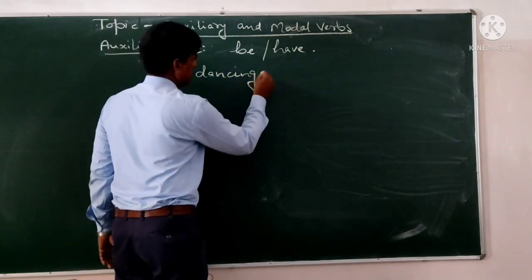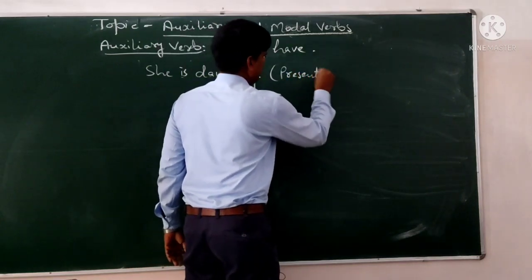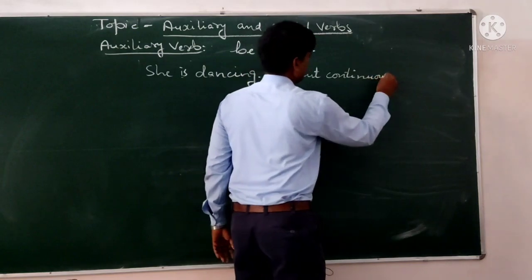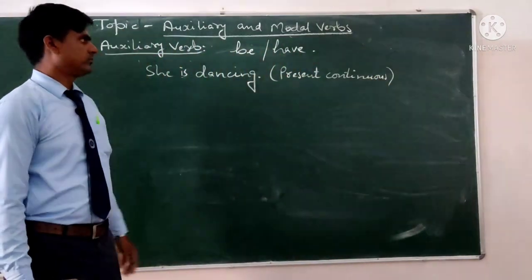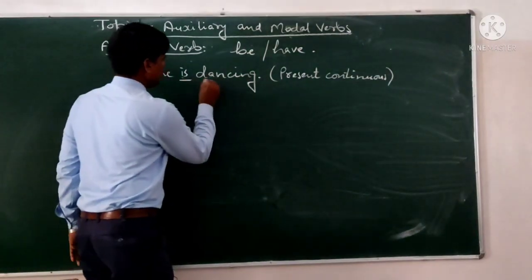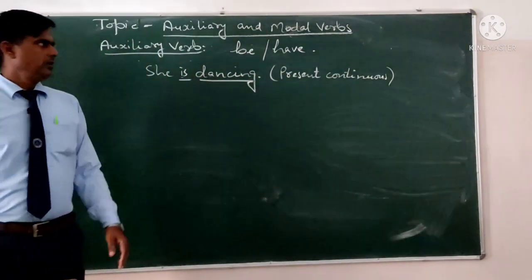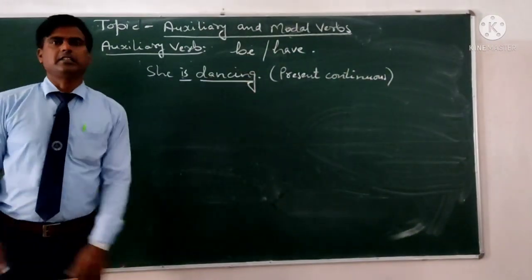She is dancing. This is present continuous tense. So is is used with the main verb dance, with the ing form, and it makes the present continuous tense.